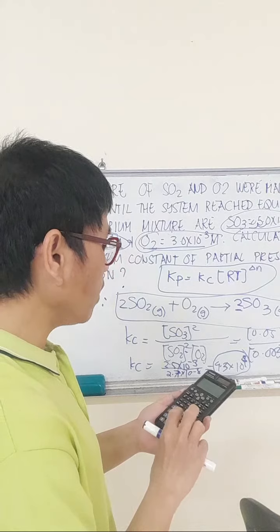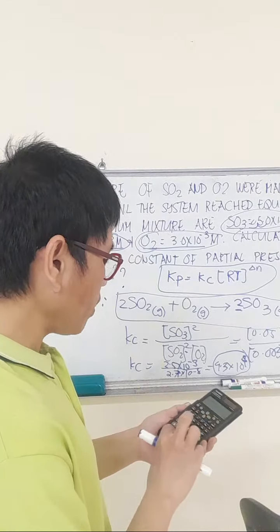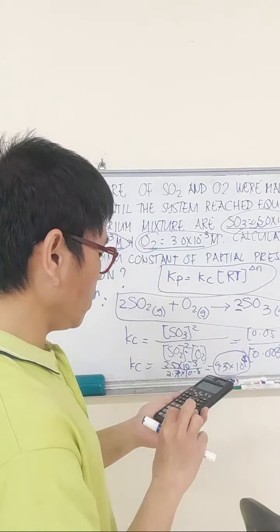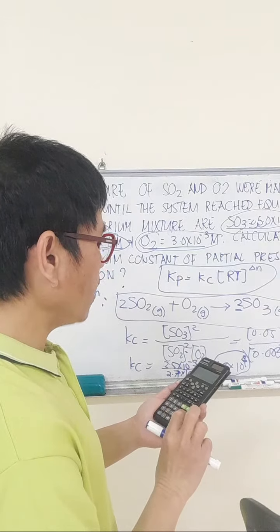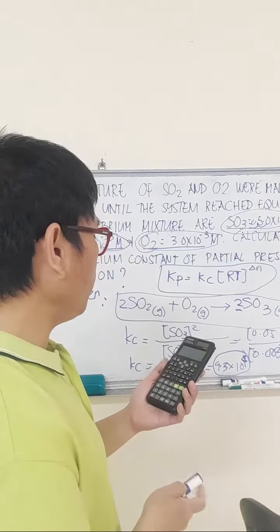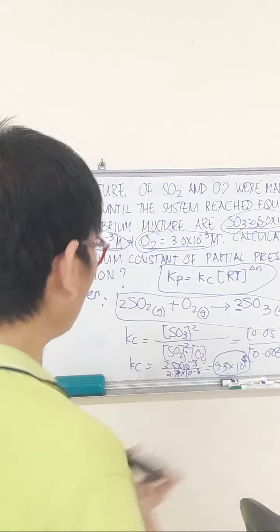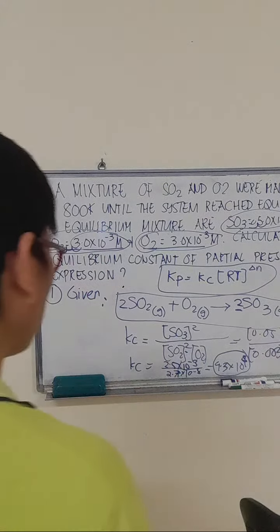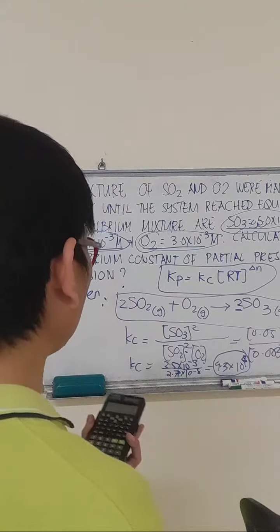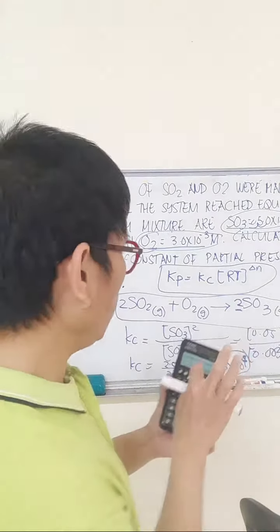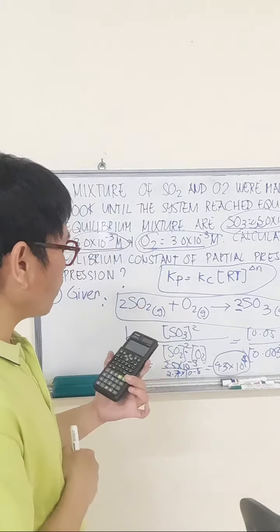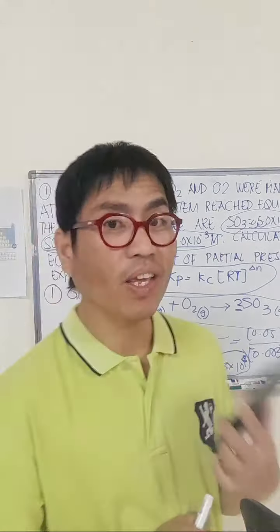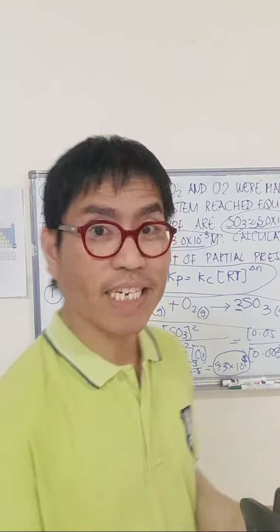It's better to make sure. 10 to the negative 8 gives 9.2592 raised to the power positive 4. See? It's correct. Or 92,592 if you want to write it without any exponent.